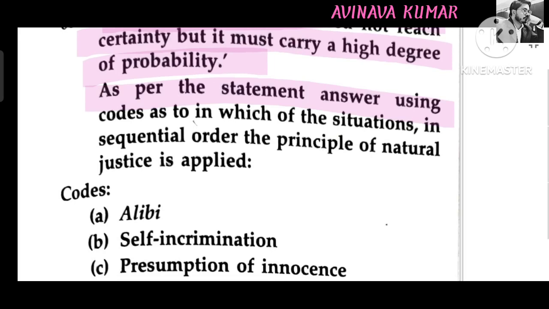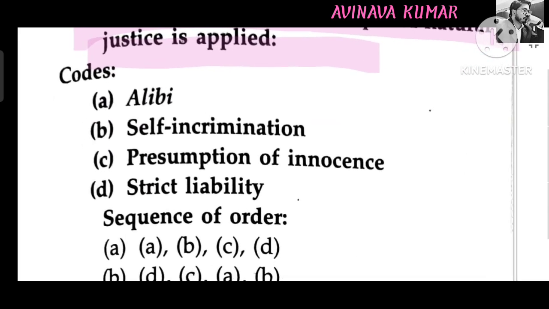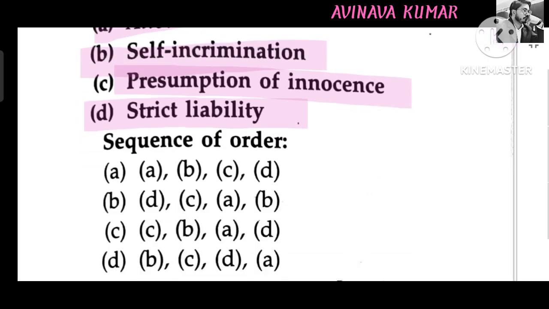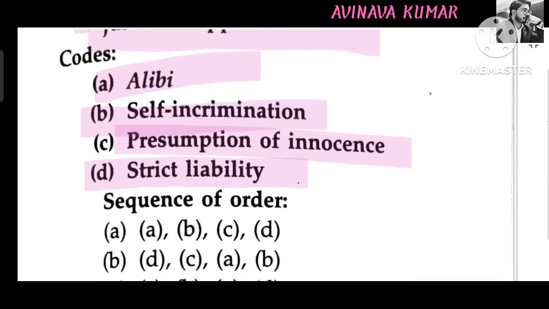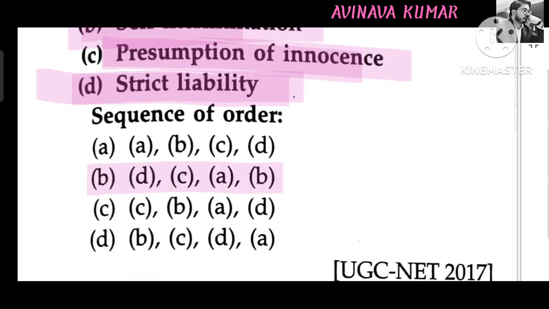Answer using the code below, in sequential order, the situation in which the principle of natural justice is applied: strict liability first, then presumption of innocence second, then alibi, last is self incrimination. For D, C, A, B is the right answer.